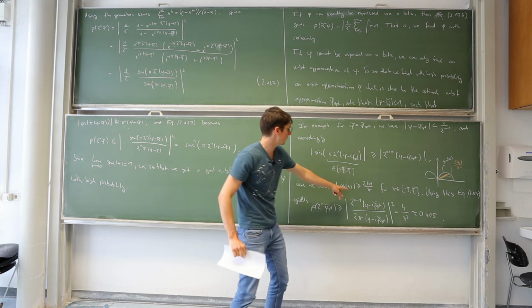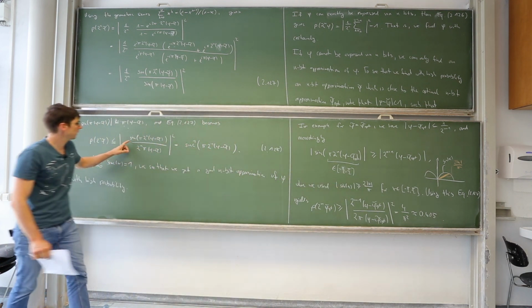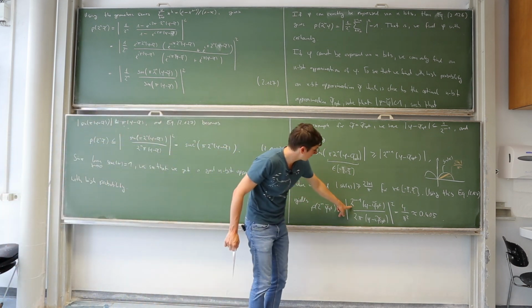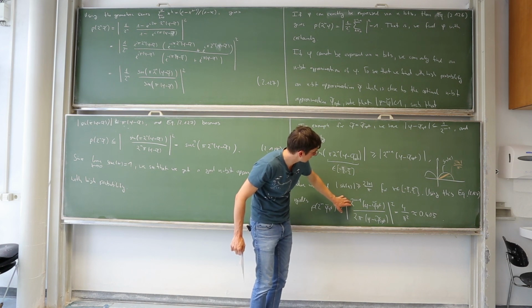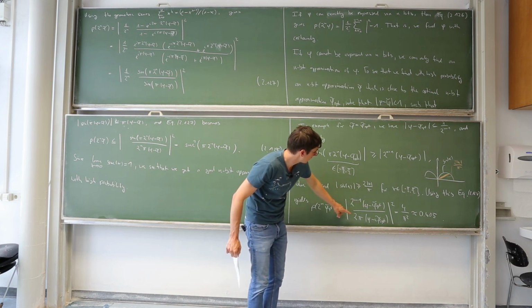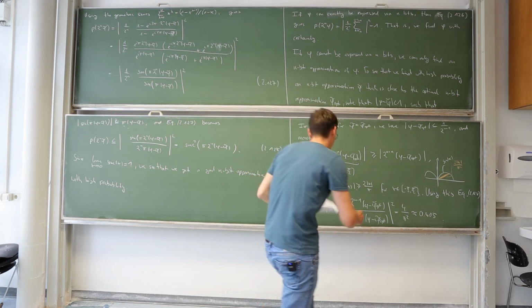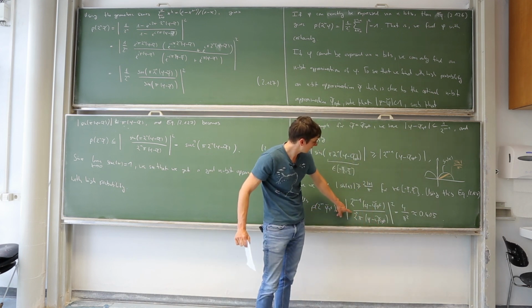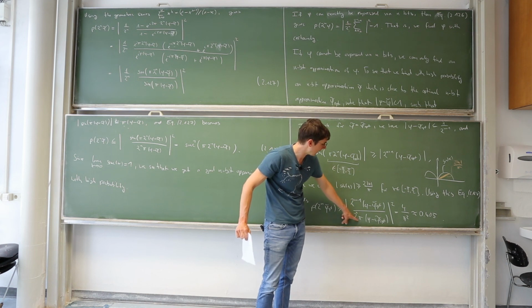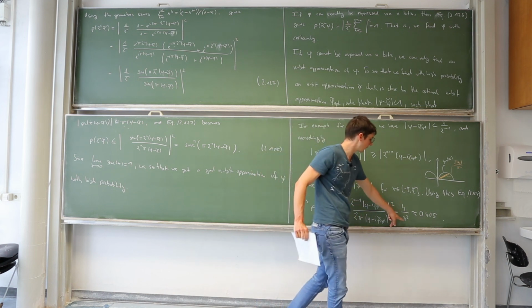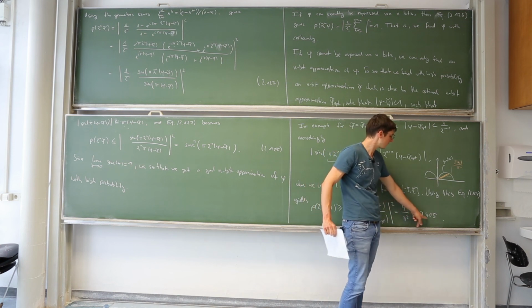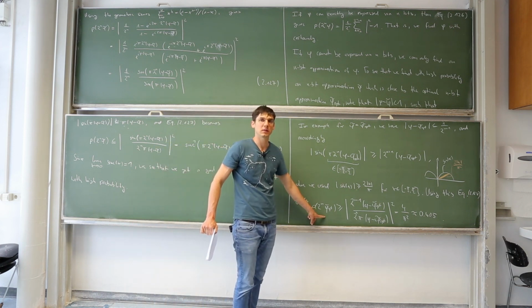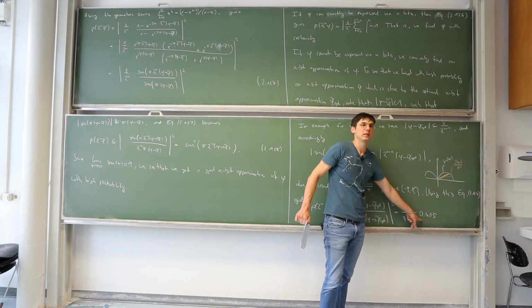So we used this approximation in this formula for the sine, and then we get this expression, and then the 2's cancel, so we have 2 to the power of n plus 1 divided by 2 to the power of n. It's missing an n here. So the 2 to the power of n cancel, and what's left is 2 divided by pi, and then we have the square, meaning 4 divided by pi squared, which is approximately 0.4. So we see that we get the optimal n-bit approximation with a very high probability, right?